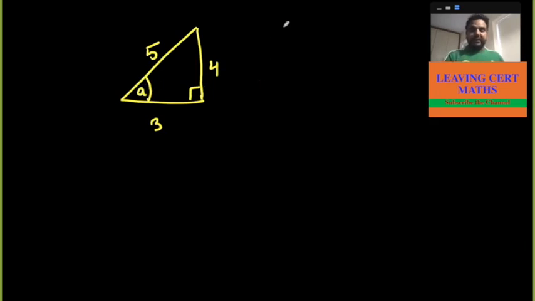Okay. Relative to angle A, what is your hypotenuse? 5. What is adjacent? 3. Now opposite is 4, right? Yeah. Clear?